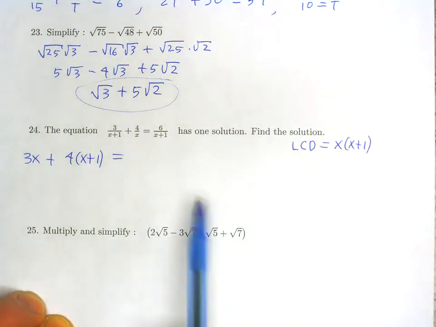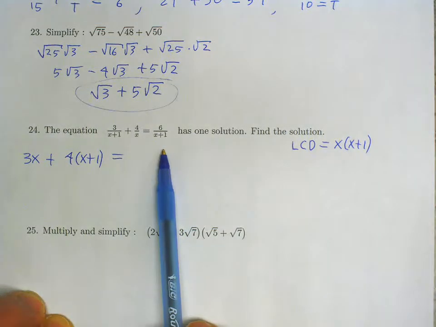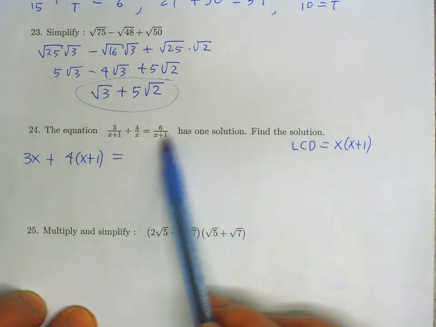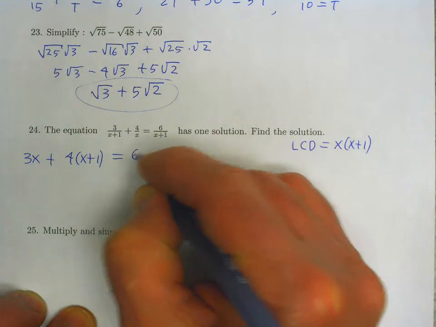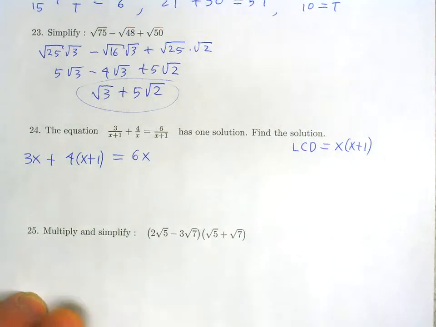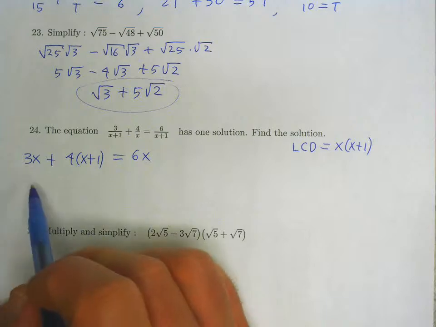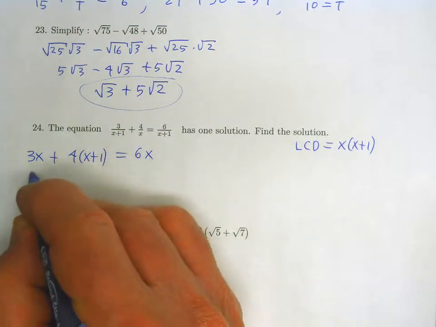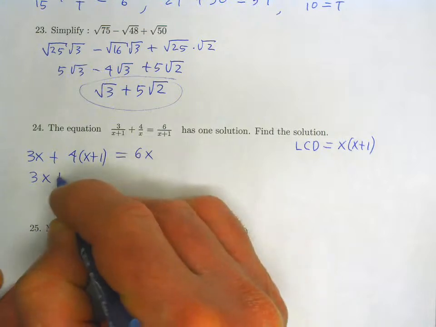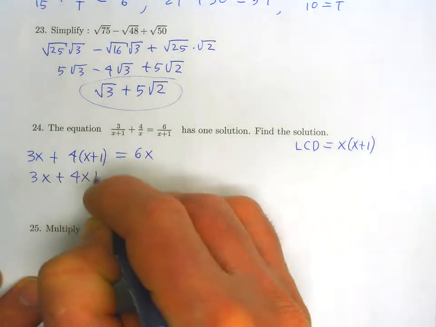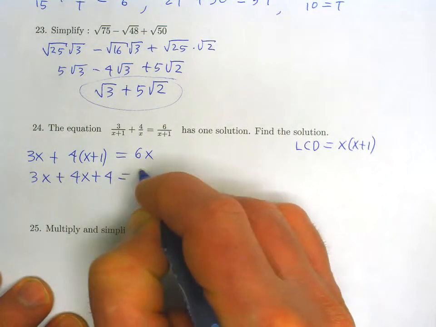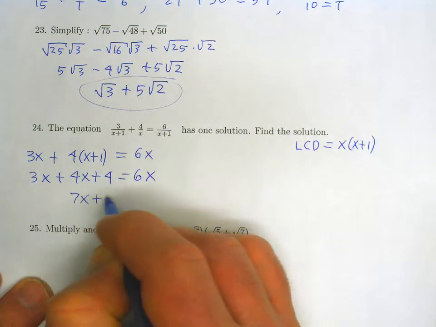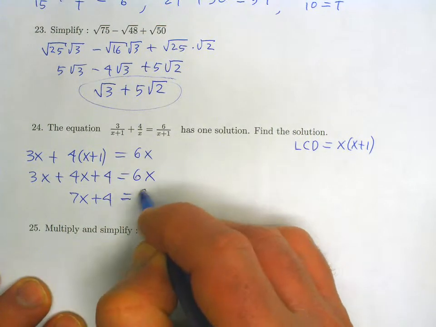Then on the right-hand side, 6 over x plus 1 times the least common denominator. The x plus 1 factors cancel, and we have 6x left. Okay, this is a very simple equation to solve, so we just do a little bit of algebra and arithmetic. So on the left-hand side, we get 7x plus 4. On the right-hand side, 6x.